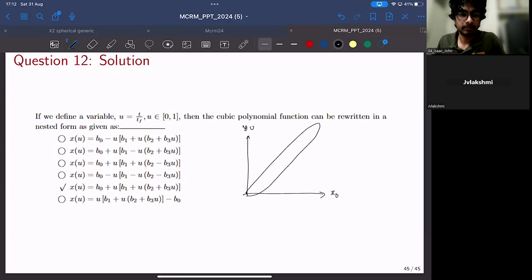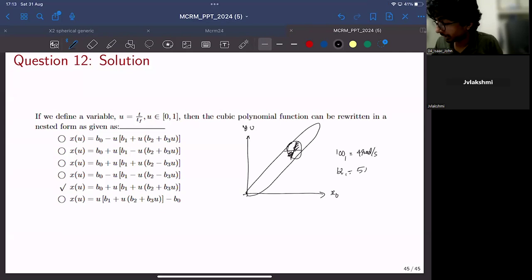I cannot follow the chat because I'm going through a different screen. X0, Y0, you have a center of gravity over here, like so. The angular velocity is given as 4 radians per second, and the angular acceleration is given as 5 radians per second squared.